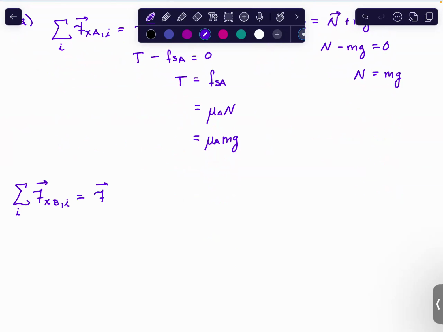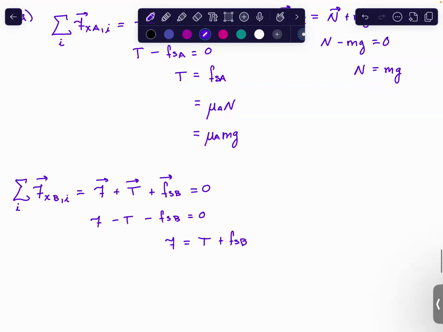So that's going to be the force trying to move the blocks, plus the tension pulling the other direction on block B, plus the static friction force of block B. Force is in the positive direction, and these other two, the tension and the static friction of block B, are in the negative direction, like we said. We can solve for the force that we need, so we're getting closer now. It is tension plus the static friction of B.